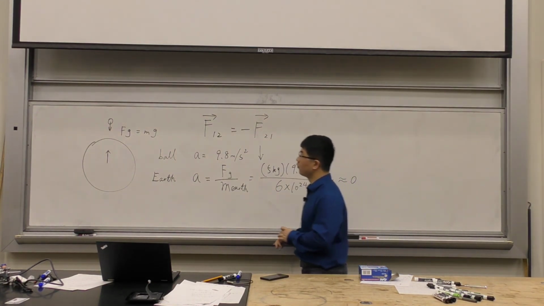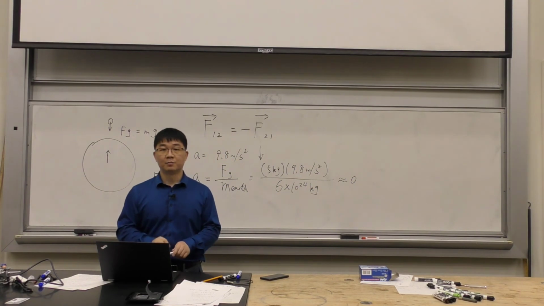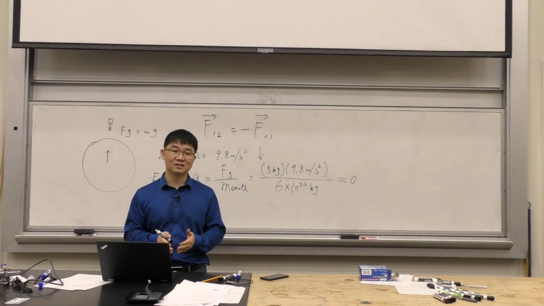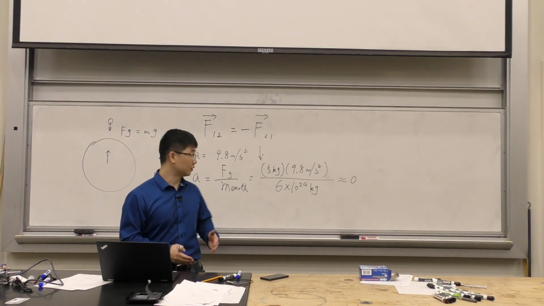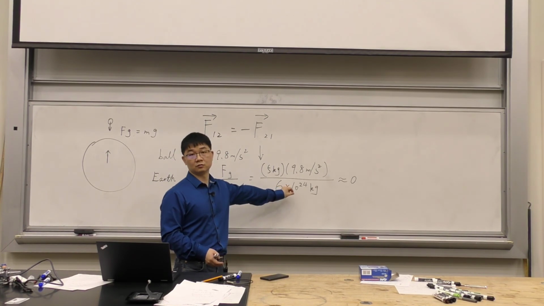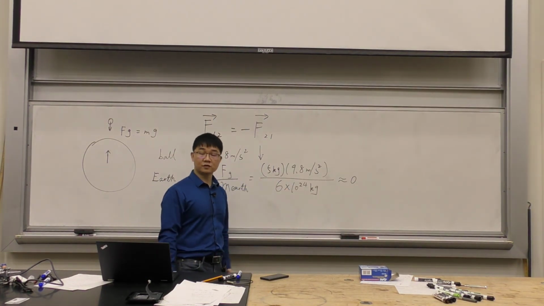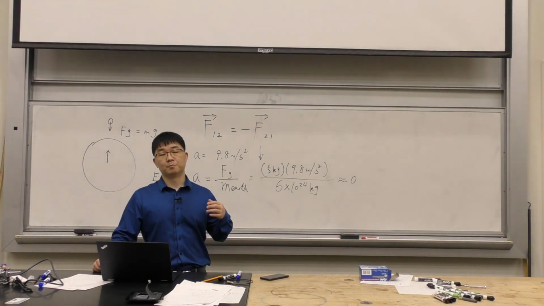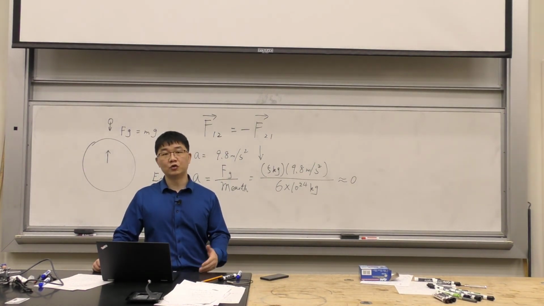So there is a force on the Earth at the same time, but the effect is totally negligible. You don't really see any effect because the resulting acceleration is going to be almost 0. The force does exist, but we don't see the effect on the Earth because the Earth has a very, very huge mass.